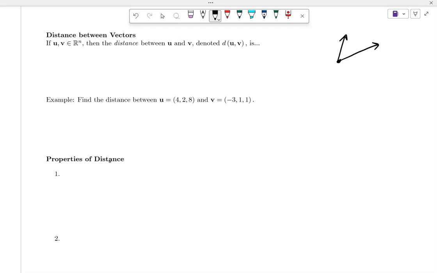So when we say distance between vectors, that's not really what we mean. We mean distance between the tips of the vectors. Okay. So this distance from here to here is the distance between u and v. Okay. That's really what we mean.